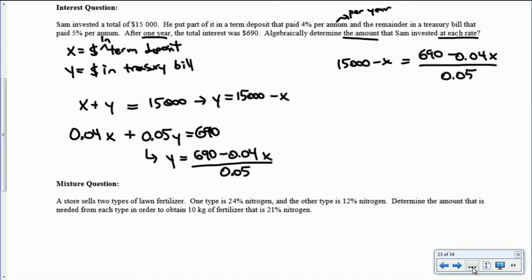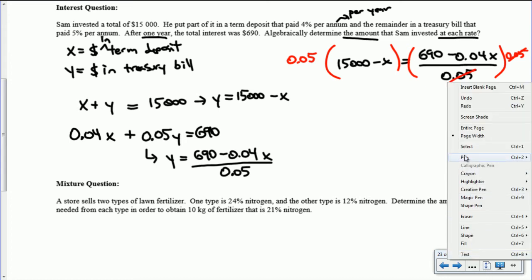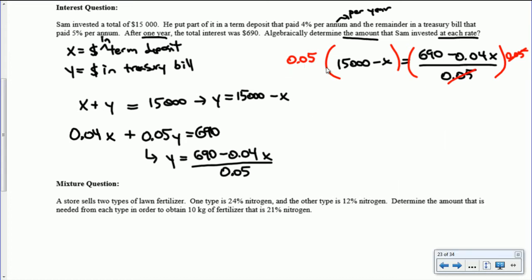so I need to just solve this equation for x. I'm going to get rid of this 0.05 in the denominator there. To get rid of that, I multiply both sides of the equation by 0.05. 0.05 divided by itself on the right is just 1, and 0.05 times each of these things, make sure it hits both the 15,000 and the x.